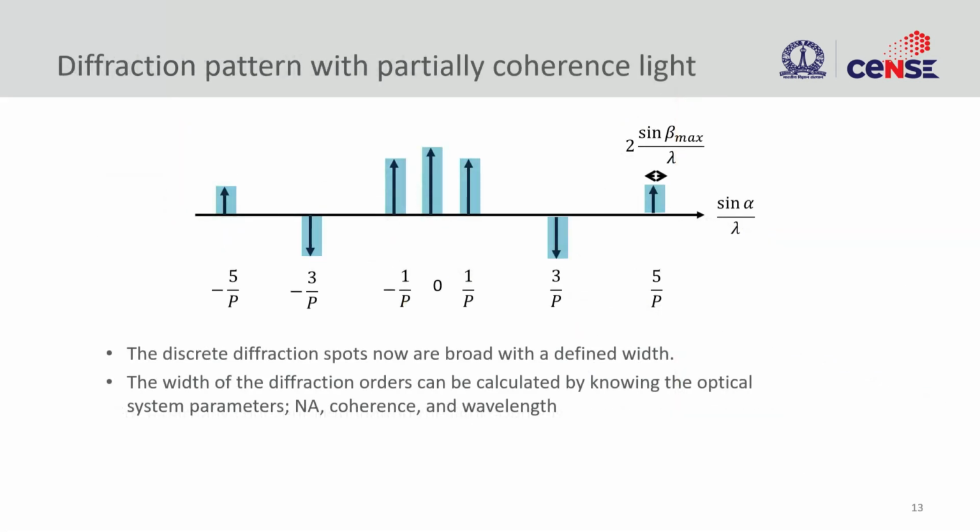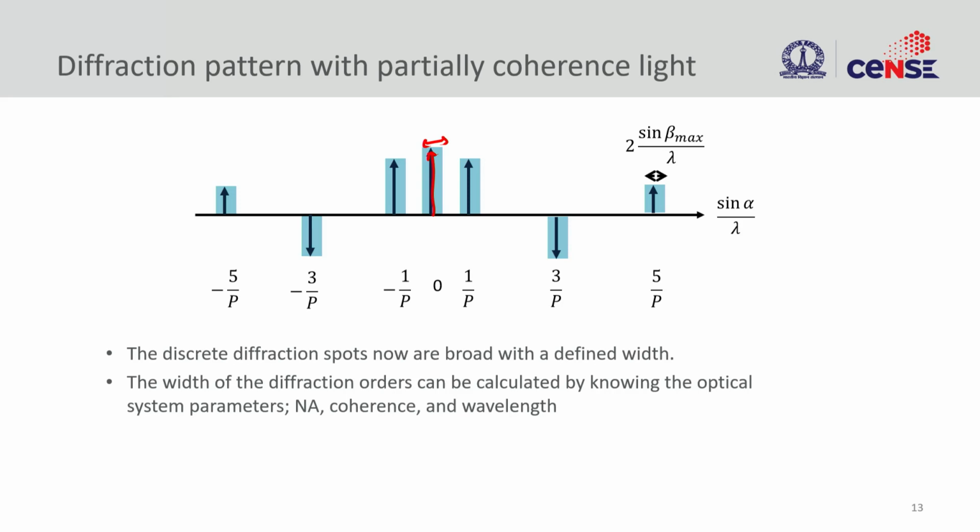So this is how it looks. It's a continuous variation. Now we don't have a single diffraction order, we have a band. So we have a 0 band, +1 band and -1 band. This becomes very interesting.